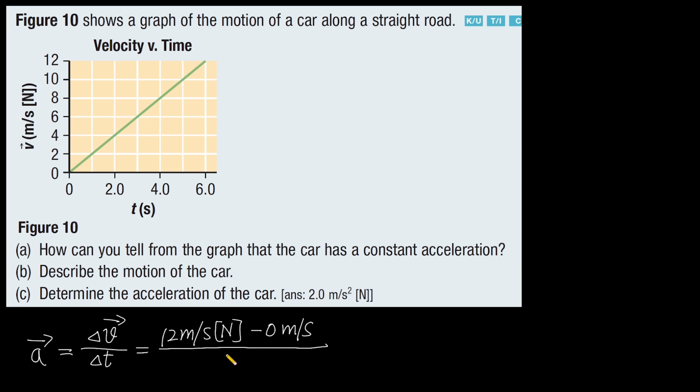And this is divided by the time interval for the change, which is 6 seconds. And this equals 2.0 meters per second squared. The direction is north. The standard unit for the acceleration is meters per second squared followed by the direction.